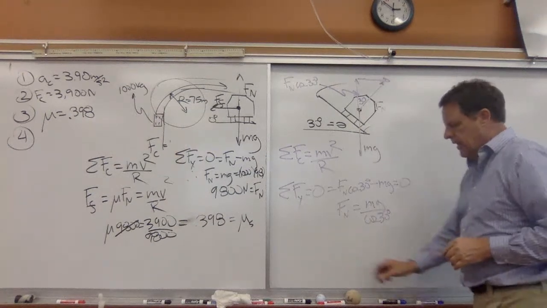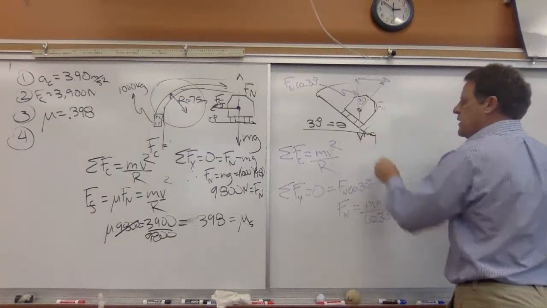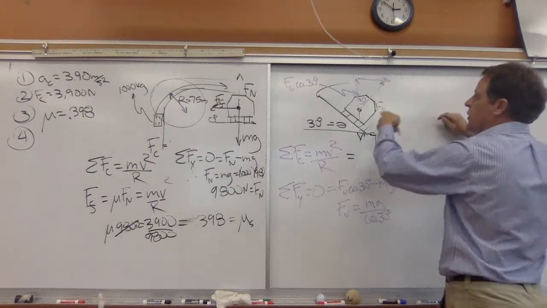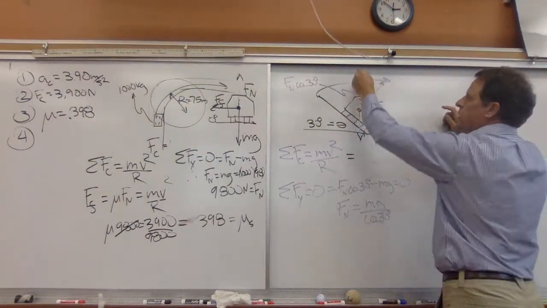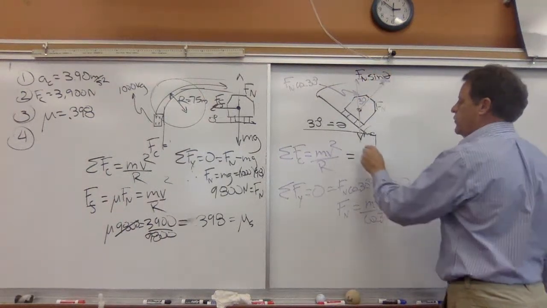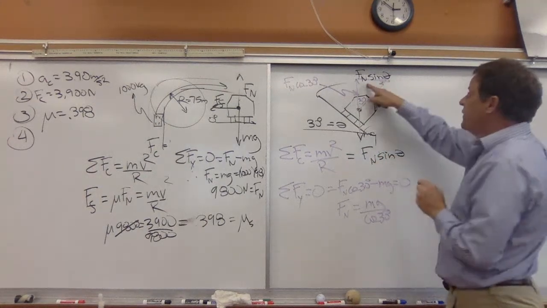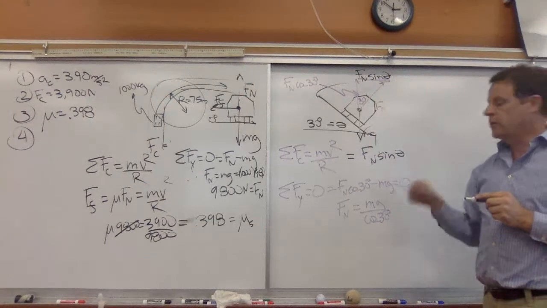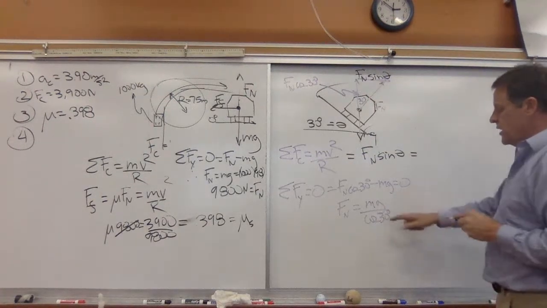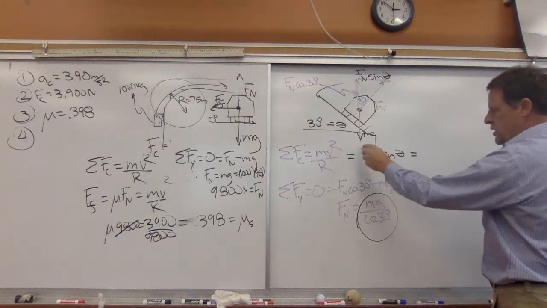Now, we're going to look at this one now. What's going to make this one go towards the center? So if this was force normal cosine theta, this is going to be force normal sine theta. That is the only vector that's going towards the center, so it has to equal this. Now, we know what our normal force is, and that is going to be mg over cosine 30.